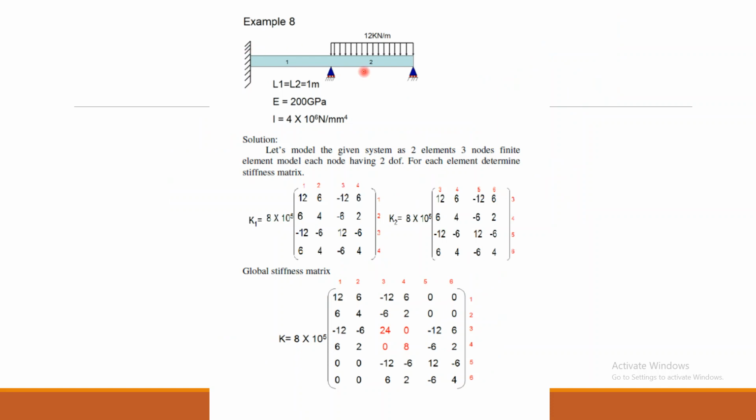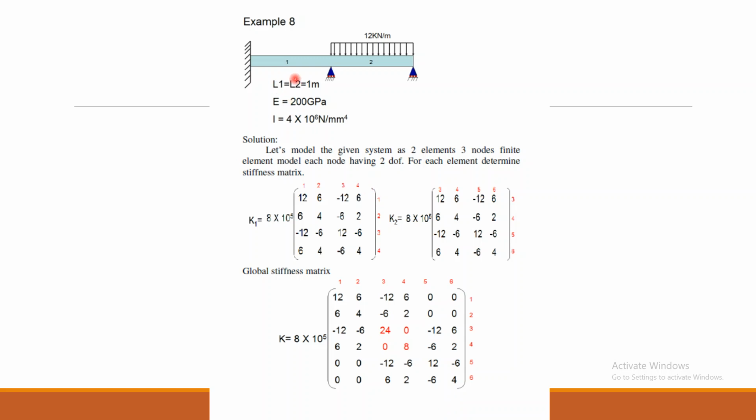This is a beam problem where one end is fixed and at a few positions it has the support conditions of a roller support, and a 12 kilonewton per meter UDL is applied at a particular position, and I should find out the displacements and so on.